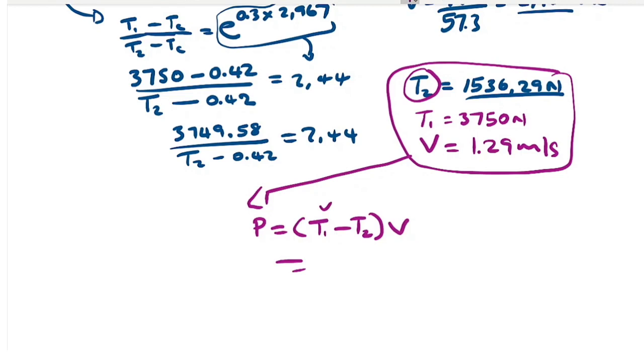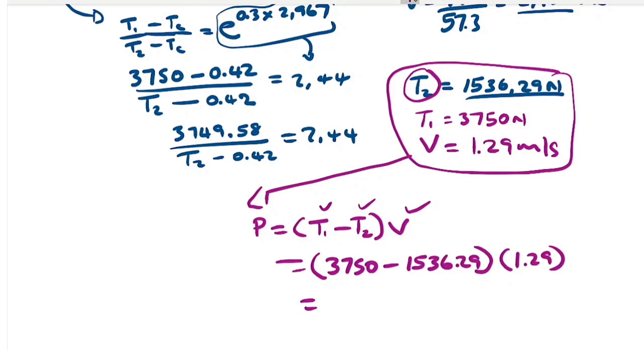So we have this one, we have this one, we have this one. Let us substitute. The power that we get there is 2856.06 watts. That's the power that they've been looking for. We found it.